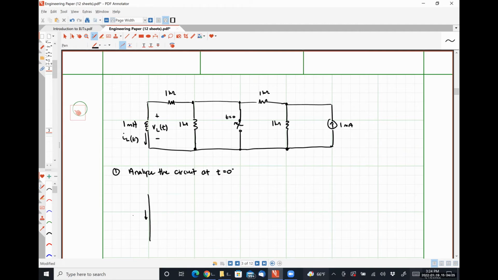Here is our inductor current, IL of 0 minus. Here is our inductor voltage, VL of 0 minus. Our resistors should all just be resistors, right? Nothing should change for them at all. What does our switch look like at T is equal to 0 minus? It's closed, so it's going to look like a short circuit.